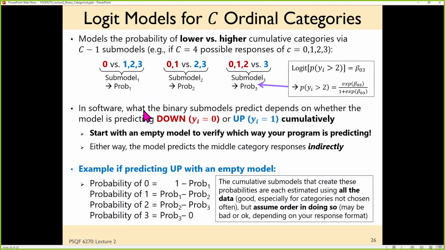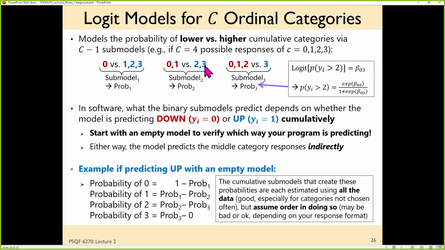So if I want to know what is the probability that somebody picks answer 0, this first submodel tells me that. Because all I got to do is say, well, I know what the probability of a 1 is, so 1 minus that has to be the probability of a 0, because they sum. Likewise, if I want to know the probability of a 3, the last model was going to tell me that directly. It's 1 and 2 that are sort of buried in here.